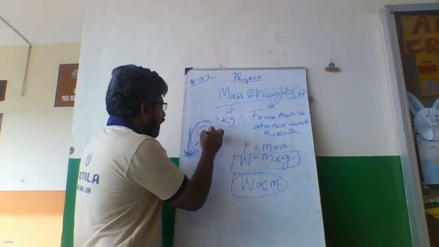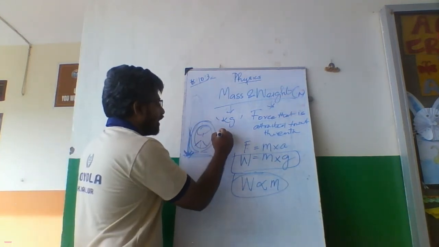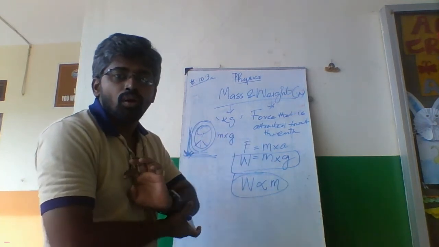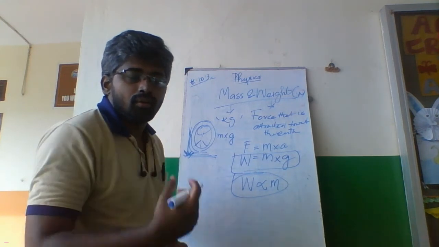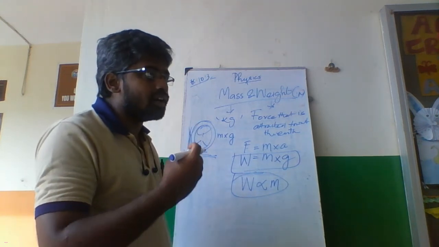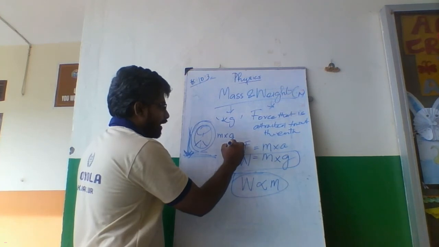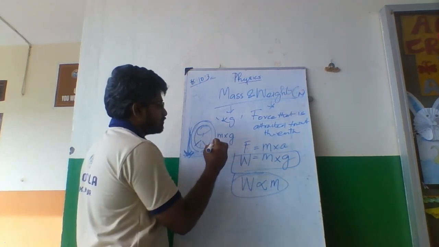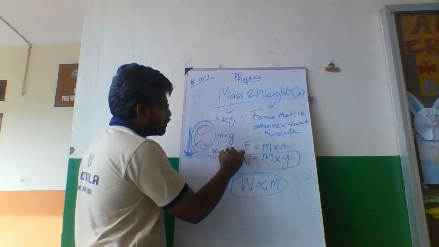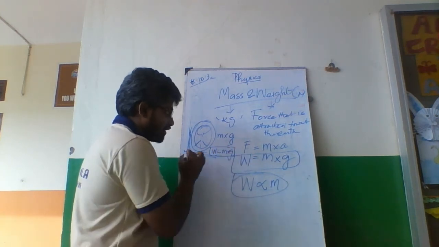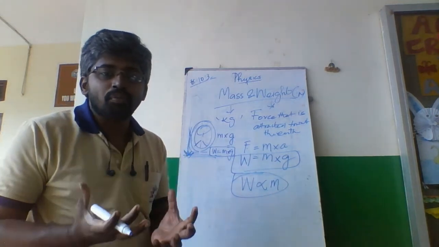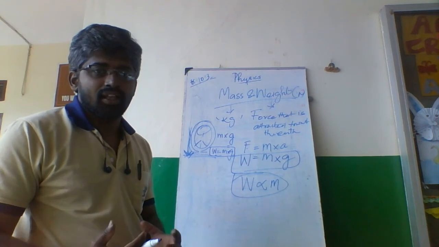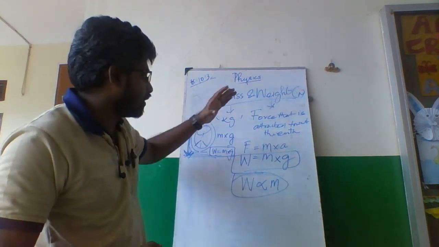For the objects on the earth, that is 9.8. So the weight is mass into acceleration due to gravity. This much force I am giving to the earth's surface, that is weight, that is in Newton.